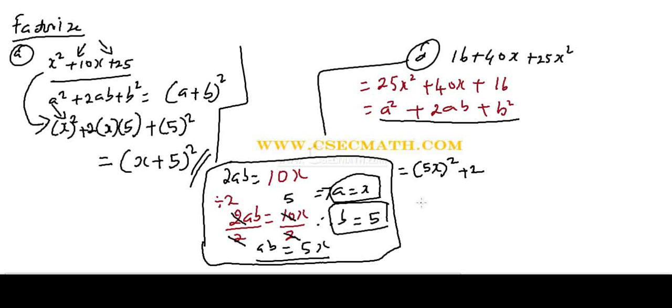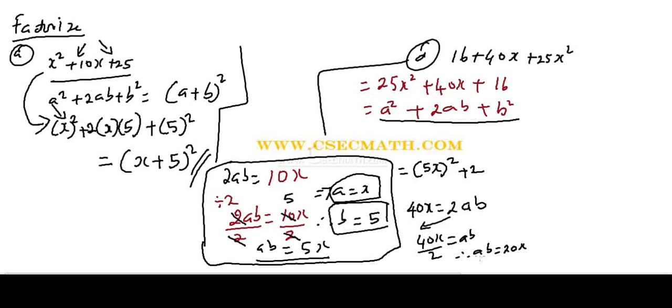Now I need to rewrite 40x as the form of 2ab. As usual, by the technique shown here, if I would be transposing, I would have 40x divided by 2 equal to ab. Therefore ab would be equal to 20x.